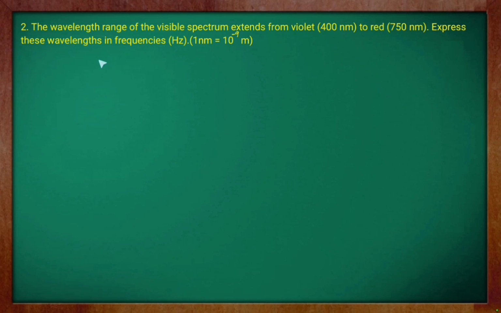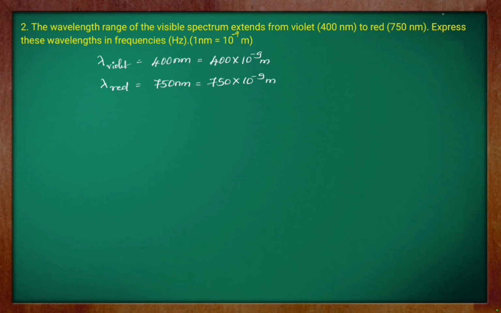So I can write the wavelength for violet light is 400 nanometer, which is equal to 400 into 10 to the power minus 9 meter. And the wavelength for red light is 750 nanometer, which is equal to 750 into 10 to the power minus 9 meter.